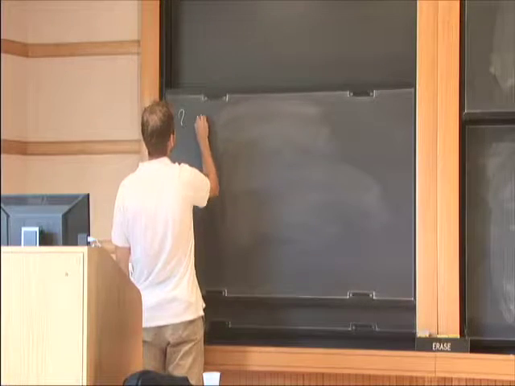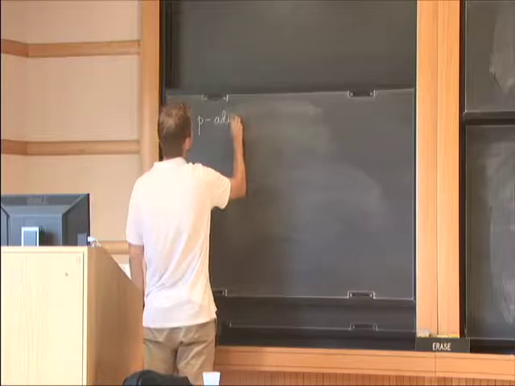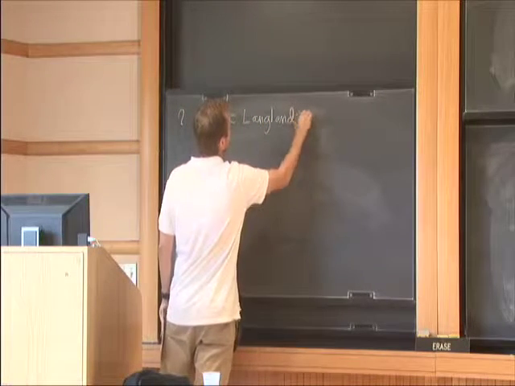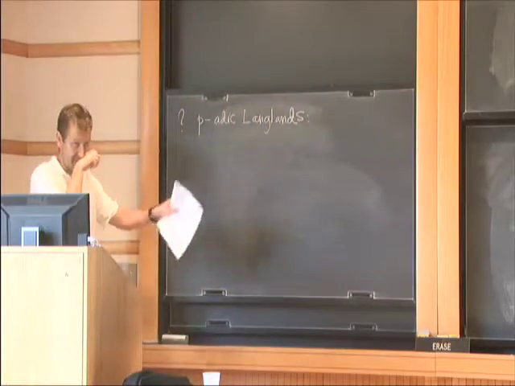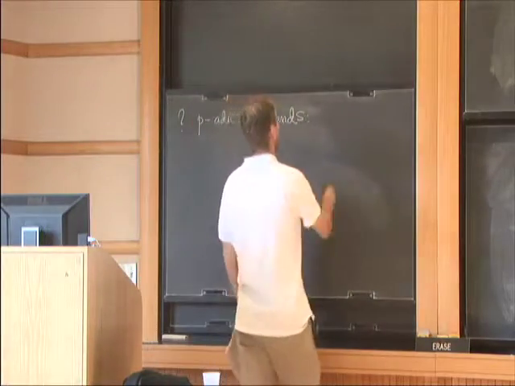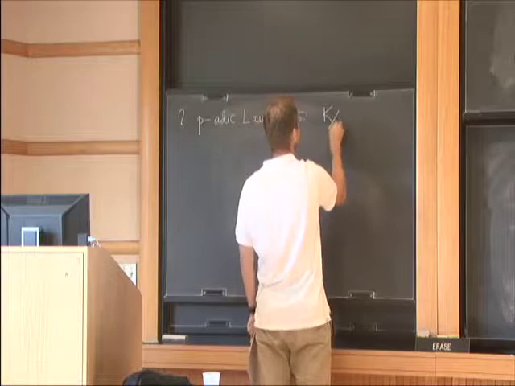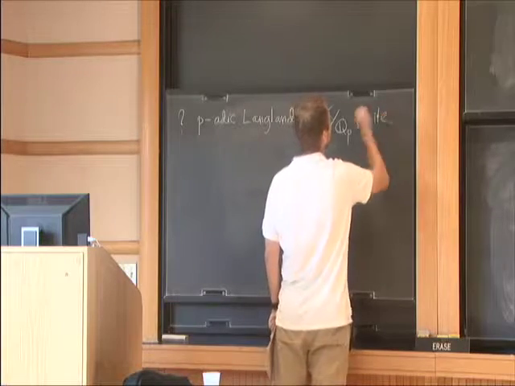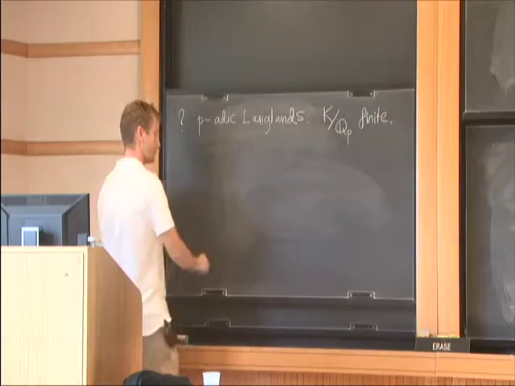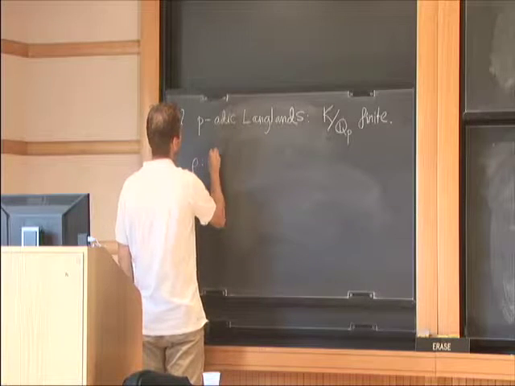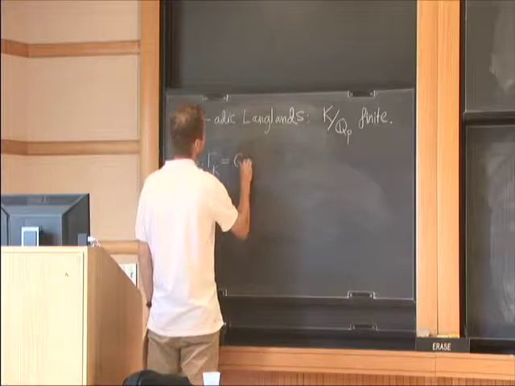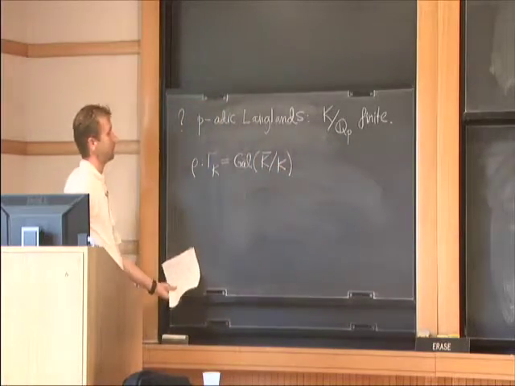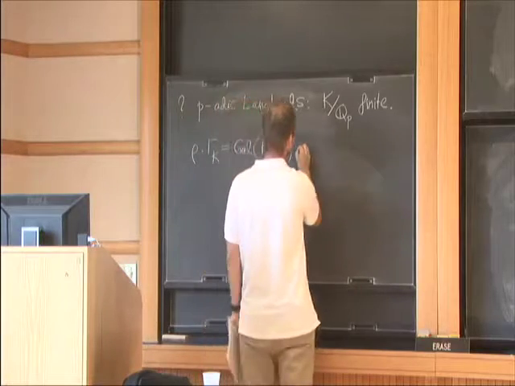So what's p-adic Langlands? Sort of based on the GL2 case, I guess you would take a finite extension K of Q_p, and some continuous representation rho of the Galois group Gamma_K on some p-adic field.